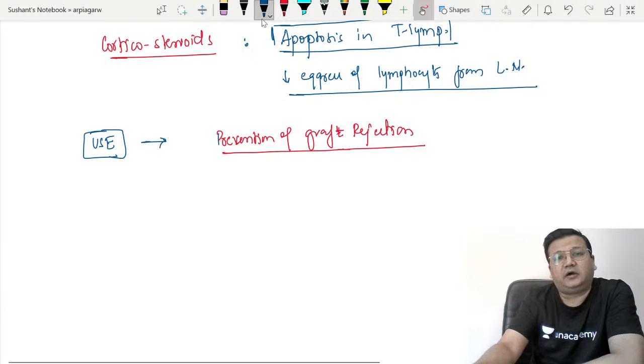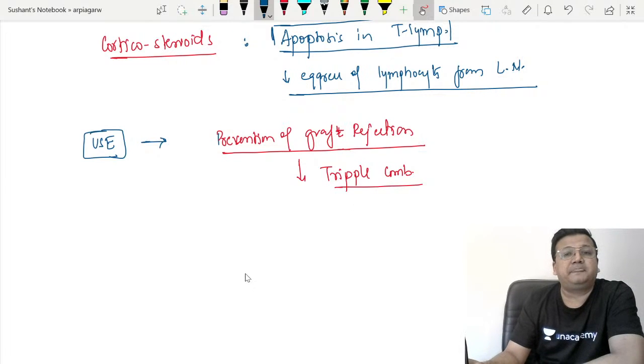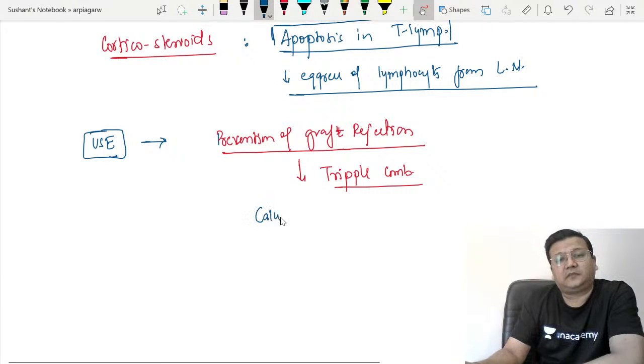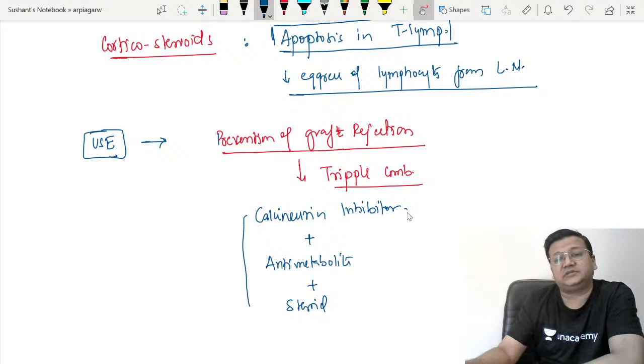So nowadays a triple immunosuppressant combination is used commonly, which consists of a calcineurin inhibitor plus one anti-metabolite plus one steroid, prednisolone or dexamethasone likewise.